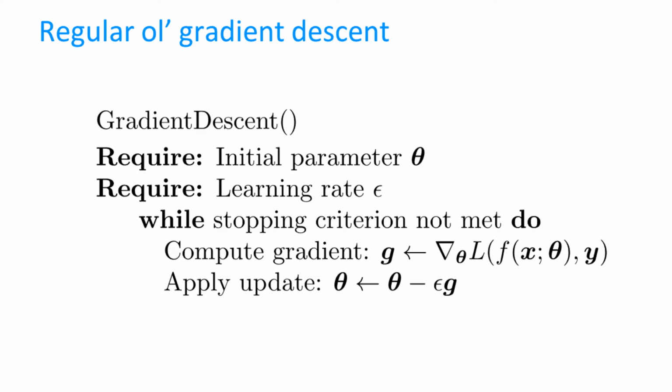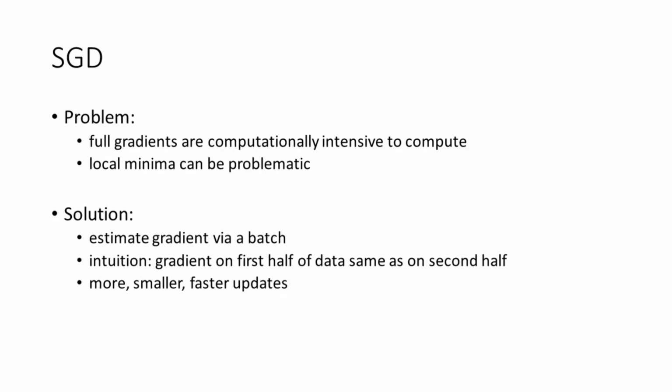However, there are a couple of problems with gradient descent. First of all, gradient descent implies that we're taking the loss across all of our training data. So you can imagine that the full gradient of the loss on all of our training data with respect to our weights is going to be too intensive to compute.